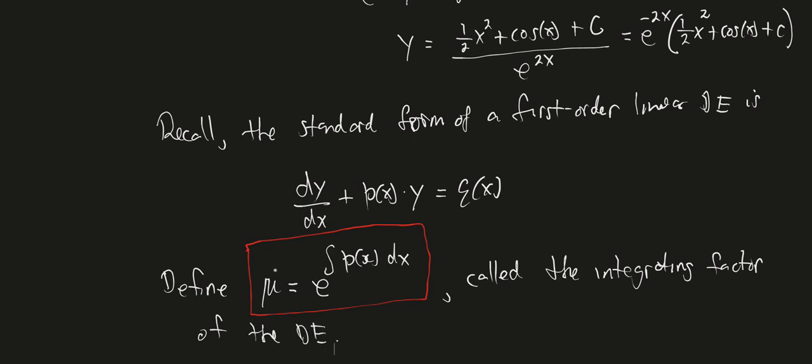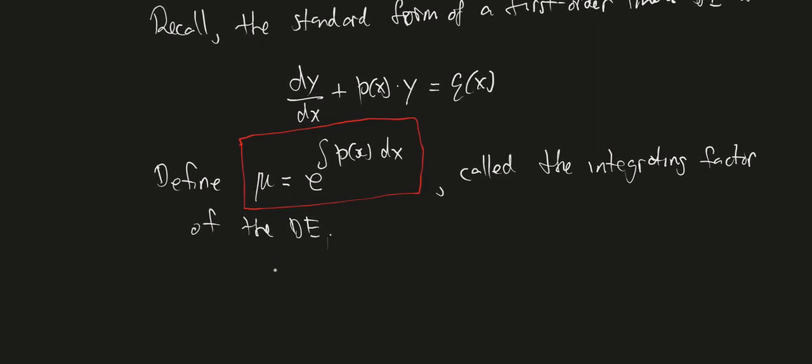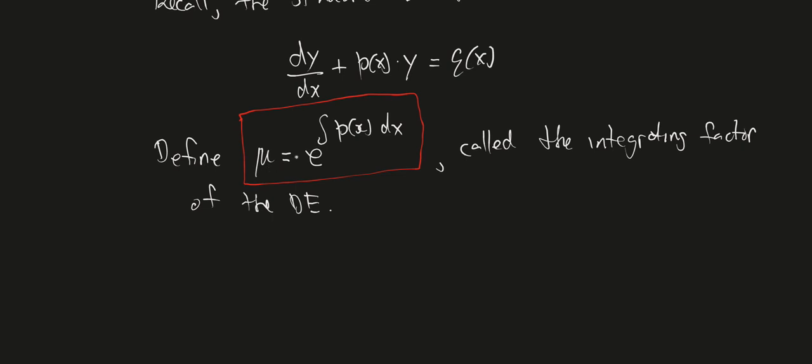Now, why is this so helpful? Well, let's take a look at a couple of its properties. Let's say I had to differentiate mu, d mu dx. Think about the rule for differentiating the exponential function: you get back your exponential function, no matter what's in the exponent.